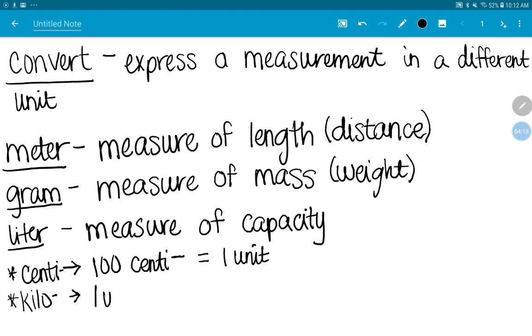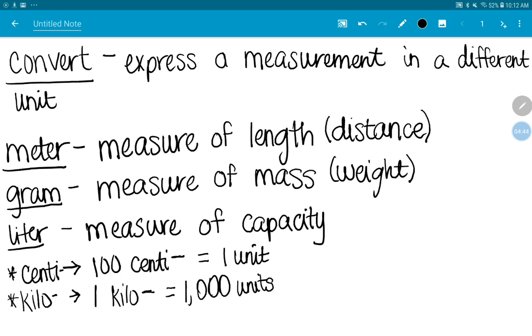So 1 unit, 1 meter, 1 gram, 1 liter. I'm sorry, 1 kilo. Wrote that down wrong. 1 kilo unit is equal to 1,000 base units.